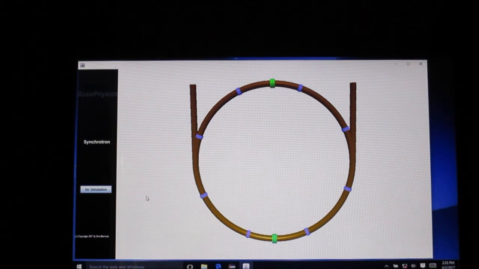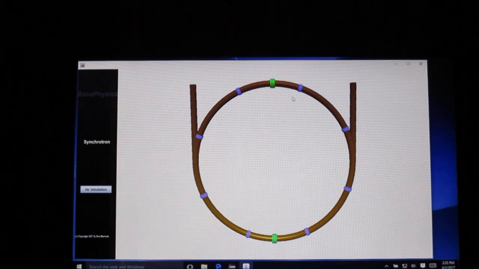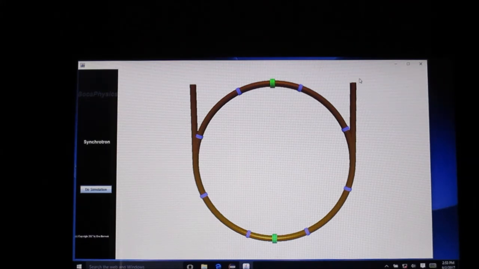So now we next turn our attention to the synchrotron. The synchrotron causes the particles to travel with constant radius. There are magnets around the synchrotron that cause the particle to move in a circular path, and then there are electrodes as well that give the particle a boost. Particles are injected, and once they acquire enough energy, are ejected.